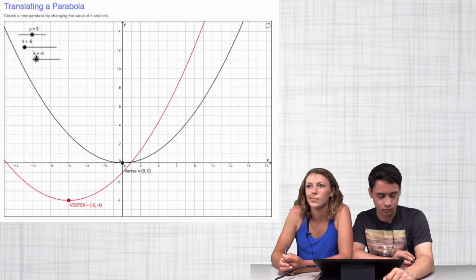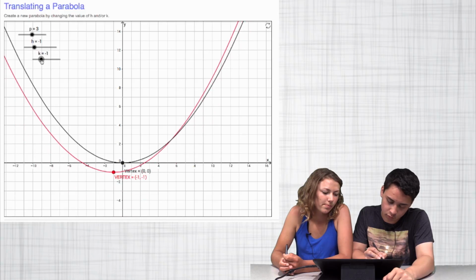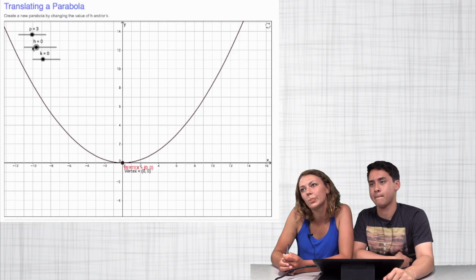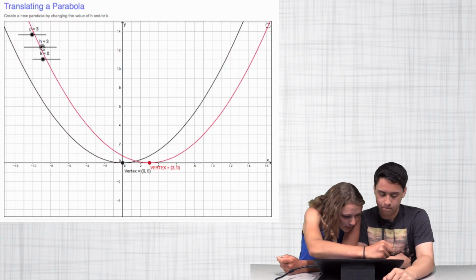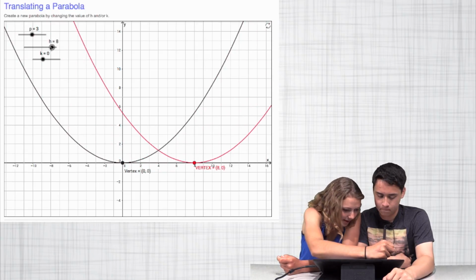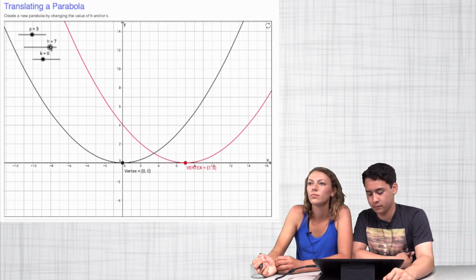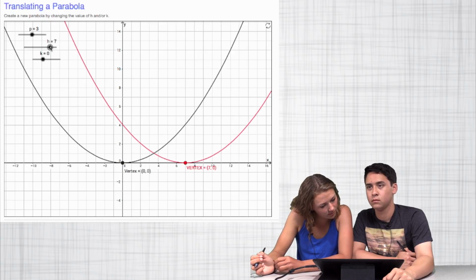So if you could go back to the original, to the base. There you go. Now I'd like you to move to one that we're going to work with and derive an equation for. So this one has the vertex of 7, 0. Okay, so this is the parabola that's been moved to the right 7 units, and it's still on the x-axis.